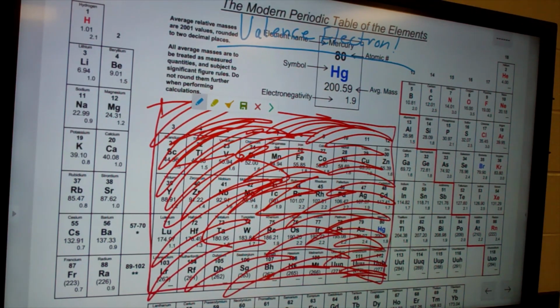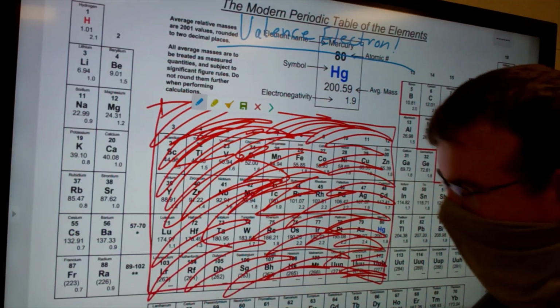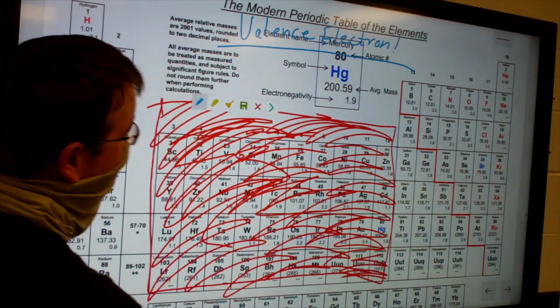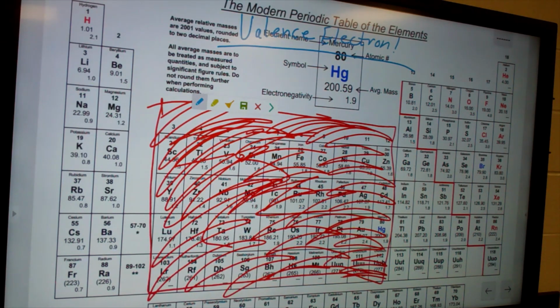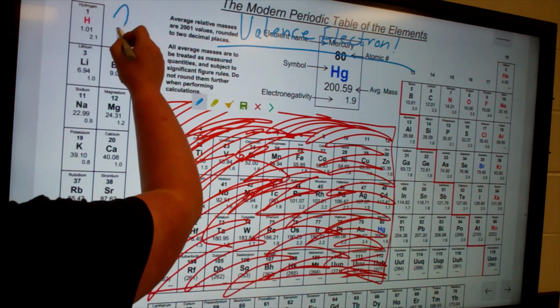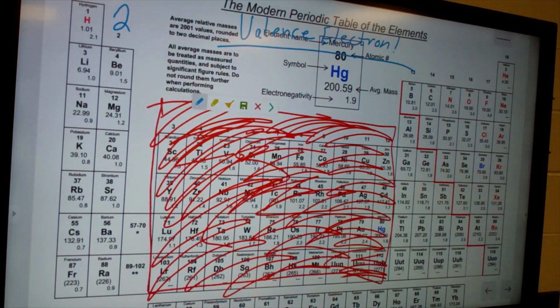Column 1. This is where things are going to get interesting. Column 1 has one valence electron. Yes, columns, not rows. We're doing columns. Column 2 has two valence electrons.